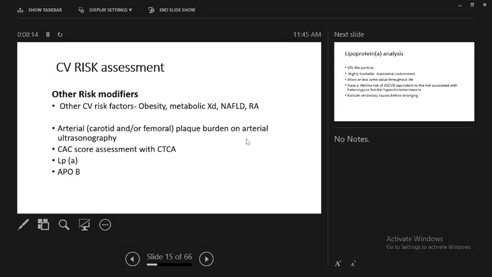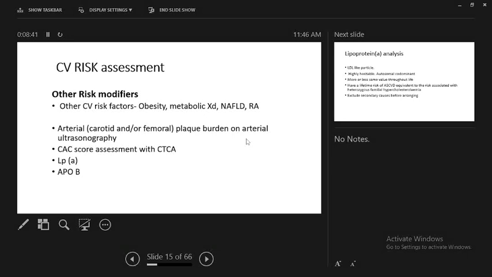In other countries, they assess the arterial, carotid or femoral plaque burden by duplex Doppler to see whether patients have atherosclerotic disease, and the coronary artery calcium score by doing a CT coronary angiogram. For us, of course, the facilities are not available.